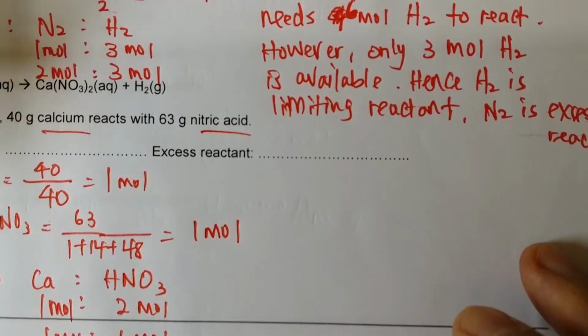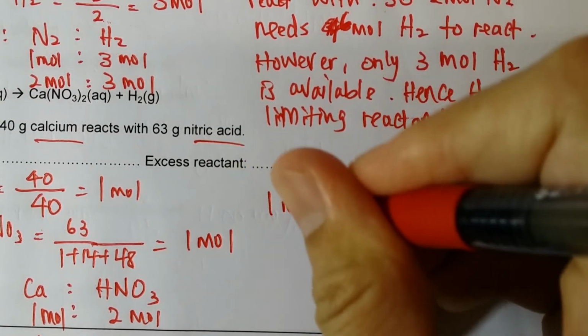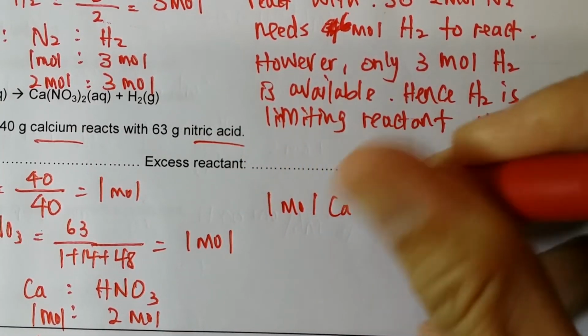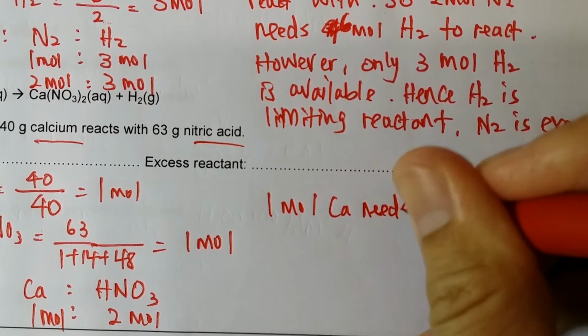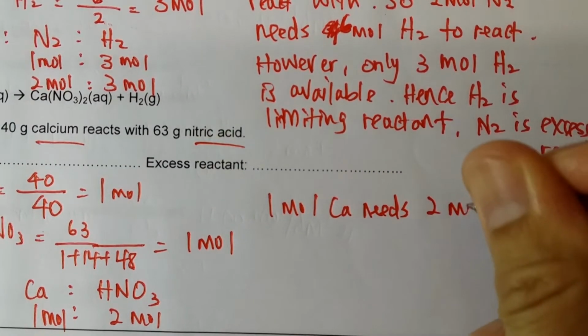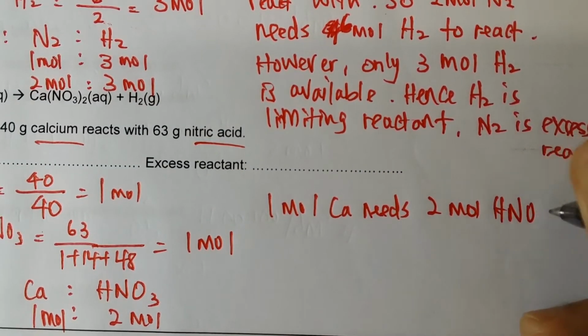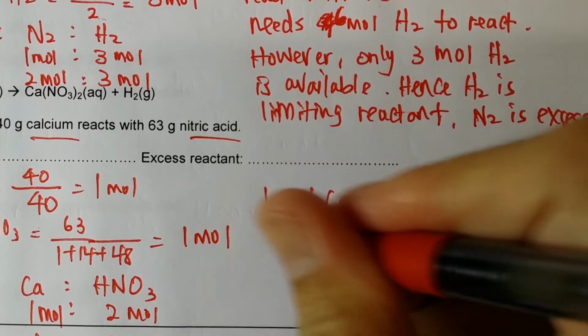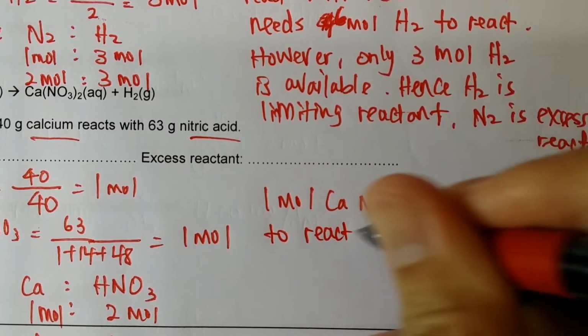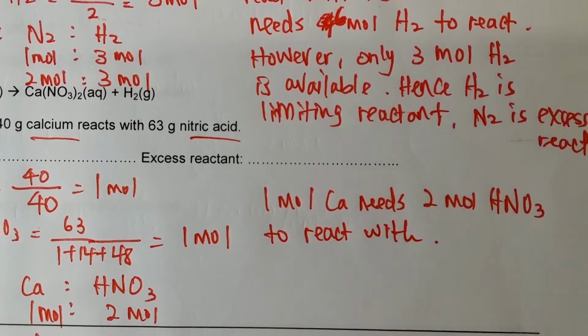So what does it mean? So now is the explanation. 1 mole calcium needs 2 mole HNO3 to react with.